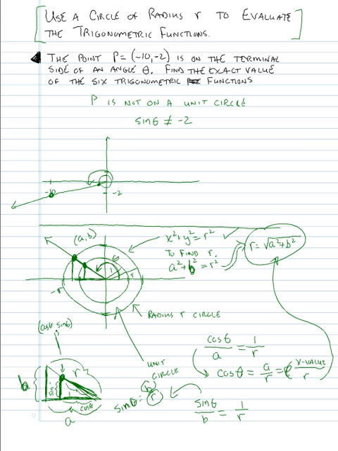And so here's what we know. So the point AB is on the terminal side of angle theta.